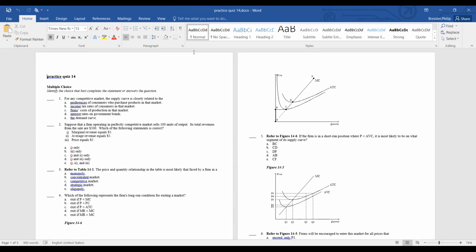And then it talks about the profit maximizer, and that's where marginal revenue equals marginal cost. Now, remember, if marginal revenue is greater than marginal cost, we'll always produce another product. Why? Because that's the profit of your last product.